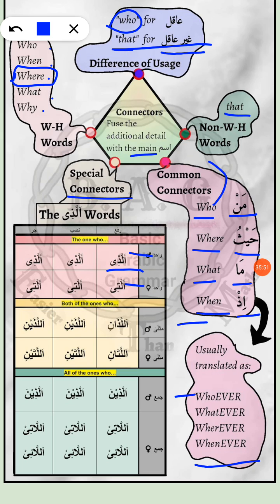Okay, your classic musanna suffixes are present over here. The masculine version has zal and the feminine version has ta. Okay, and then jama is allazina, allazina, allazina, both for rafa, nasab and jar, hence mabni. And for feminine jama, there's going to be allati or allai. Once again, mabni, mabni. Okay, quite easy really.